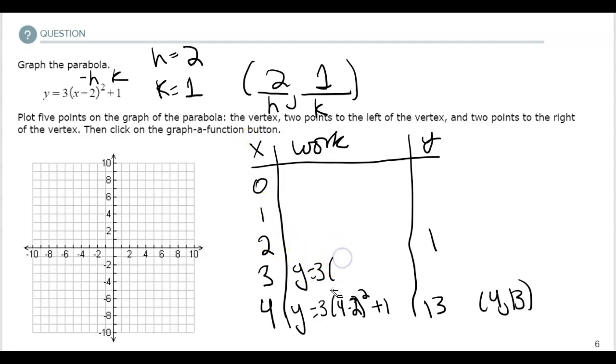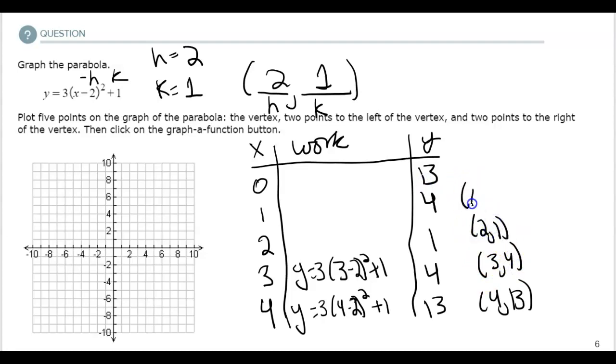I do the same with the 3. And then we know these will be the same values because of the axis of symmetry, but we can go ahead and prove that really fast.